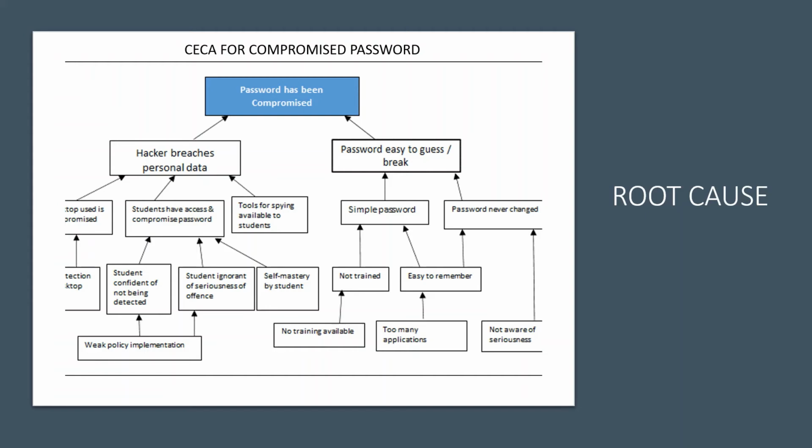We used cause and effect chain analysis, the CEC tool, to identify the possible root causes of compromised user passwords that occur in UNIMAS. Figure 1 shows the possible answers to the why questions for each branch.